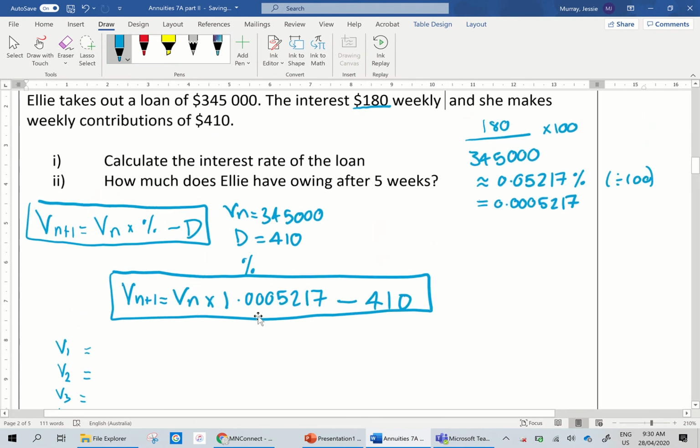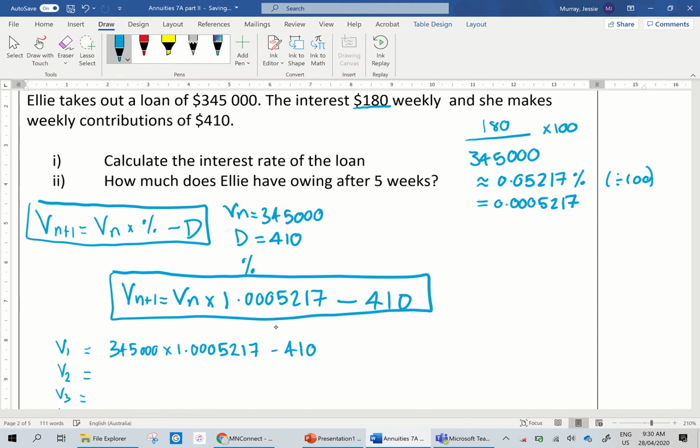So the amount she takes the loan out for is $345,000. Multiply that by my rate and subtract off the 410. Now I haven't left myself any room, so I'm just going to do a double equals, which I don't really like, and put that into my calculator.